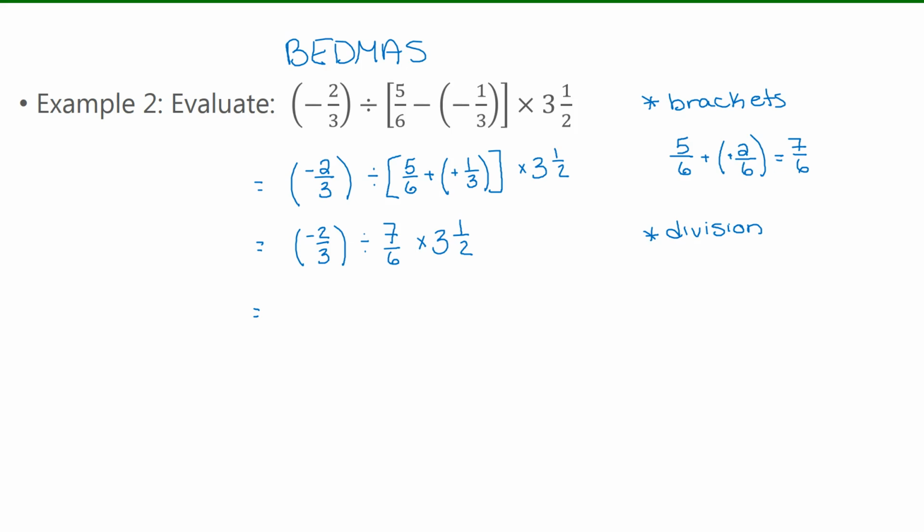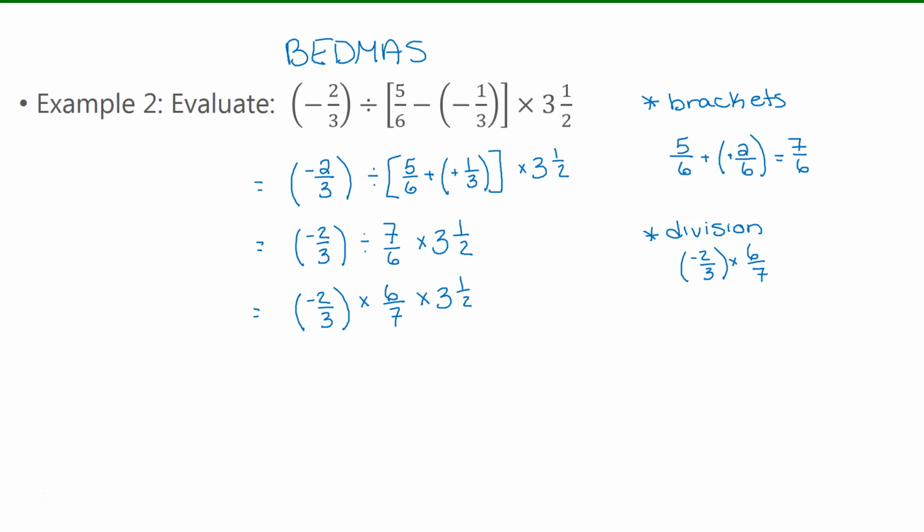When we divide fractions, we multiply by the reciprocal. So -2 over 3 stays as is, but division becomes a times, and 7 over 6 becomes 6 over 7. Now I'll go off to the side here to actually multiply these.